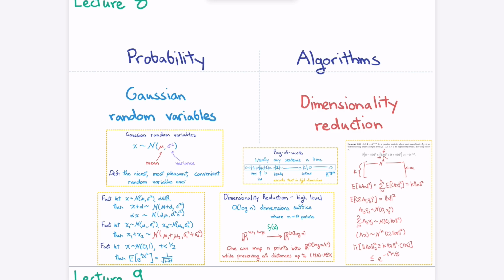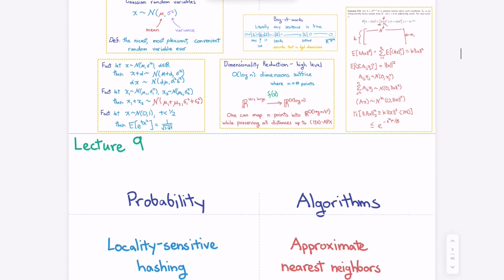And really it was just a matter of understanding Gaussian random variables. Just knowing that sums of Gaussians are Gaussians and that for high dimensional Gaussian vectors, the length is extremely well concentrated. Those are the two things you need to prove this result. So that was pretty exciting.